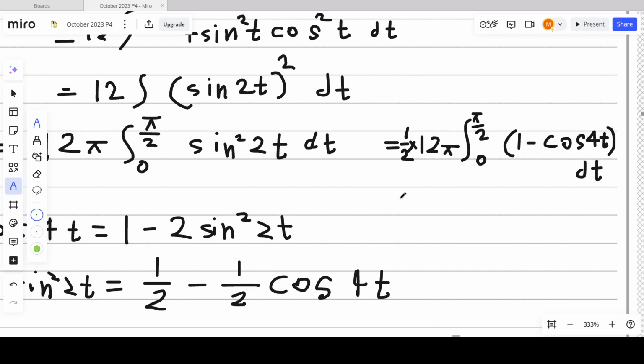Fair enough. So half times 12 pi is 6 pi, integration from pi over 2 to 0 of 1 minus cos 4t dt.